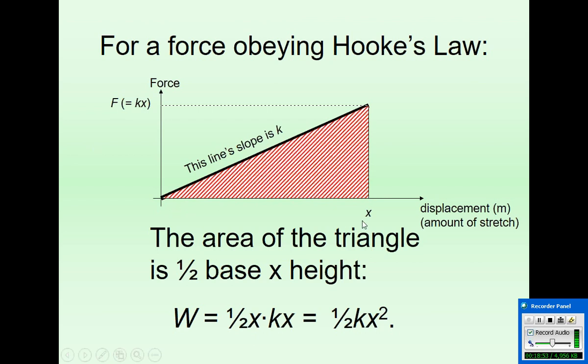The base of this triangle is the displacement x. The height of this triangle is the force, but the force equals kx. So the base is x, the height is kx, 1/2 x times kx is 1/2 kx squared.